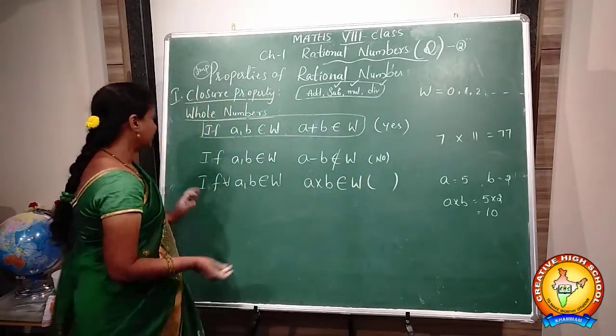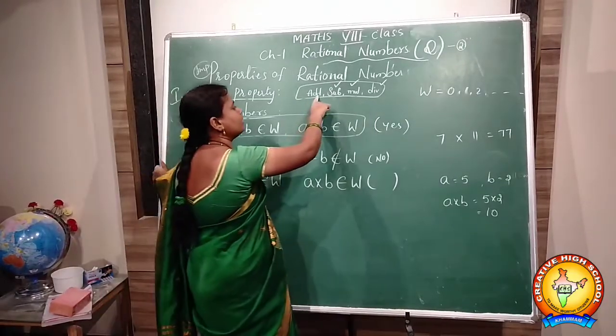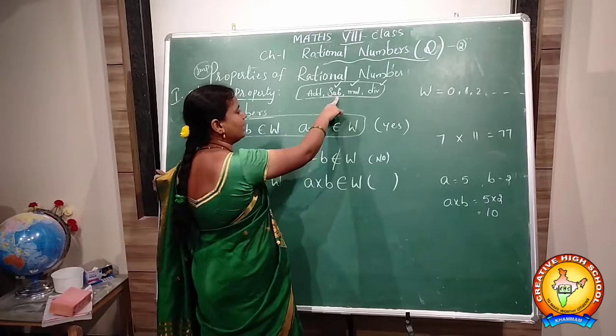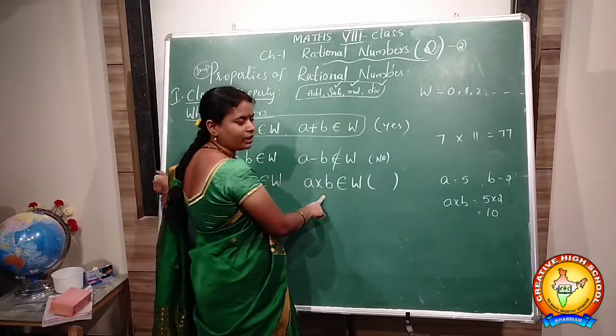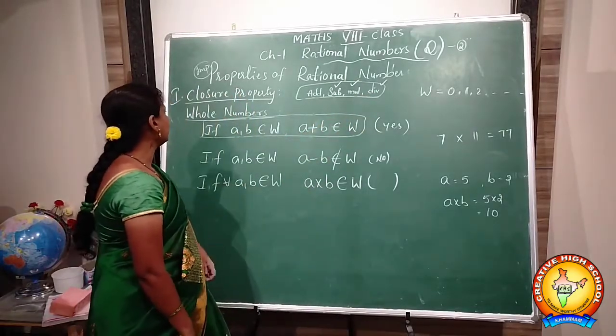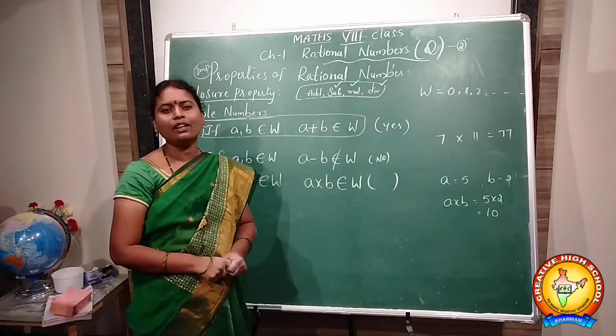Okay? See, don't get any confusion. When we are taking addition, we are keeping the plus sign. When we are taking subtraction, we are keeping the minus sign. Under multiplication, the into sign. Now we are going to check whether the closure property of whole numbers is satisfied under division or not.